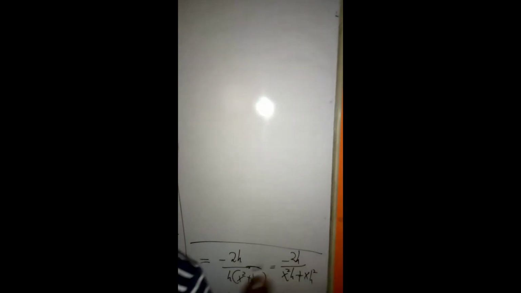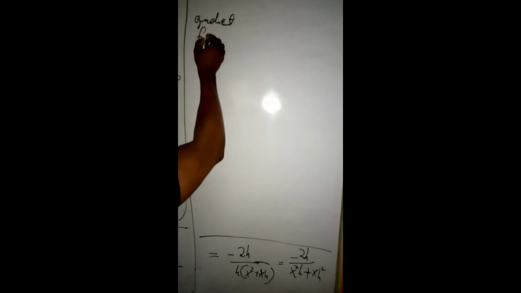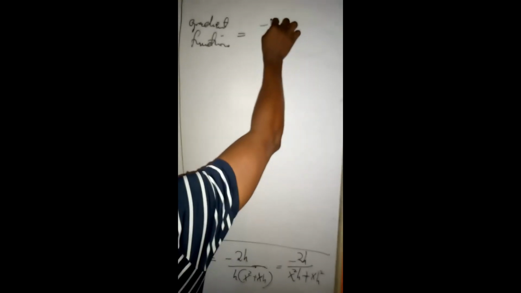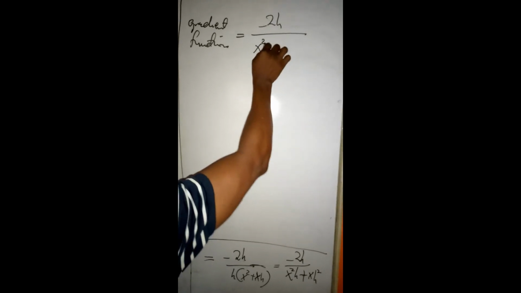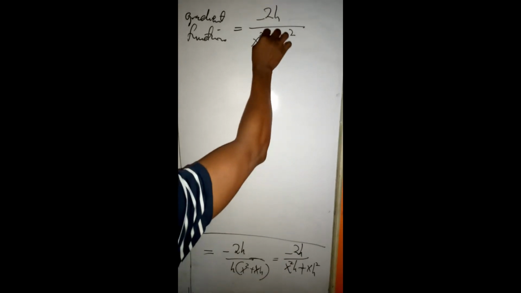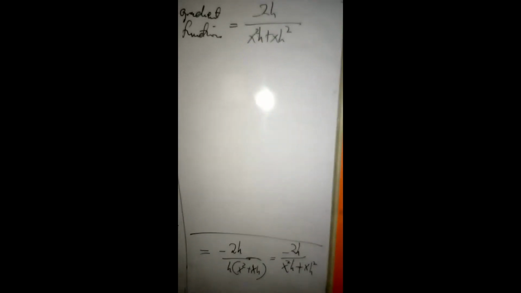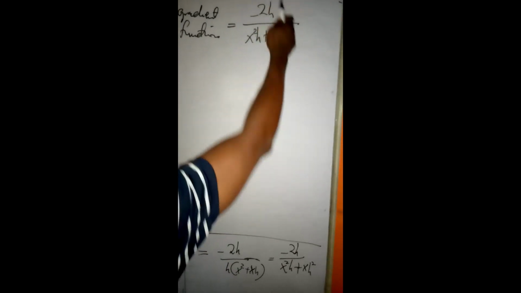So, I have mentioned that our gradient function is equal to, now, this is what we are dealing with, minus 2h all over x squared h plus xh squared. So we discovered that h is a common factor in this equation.